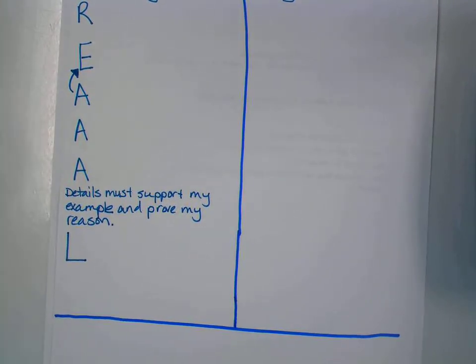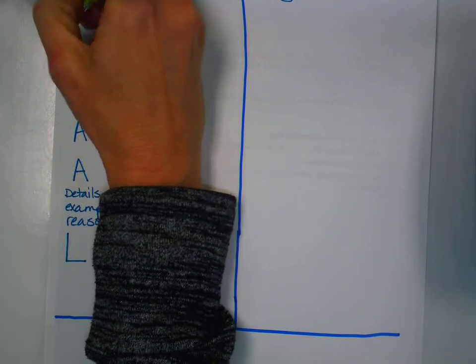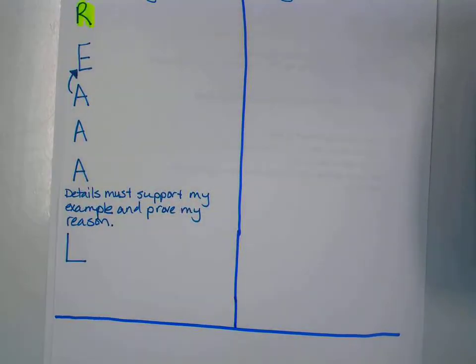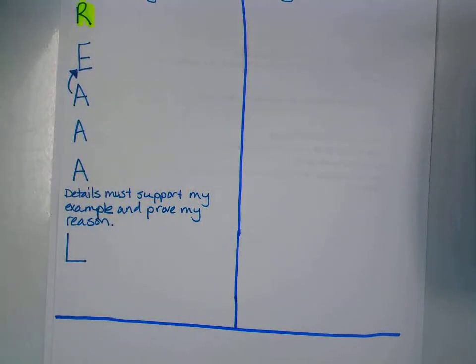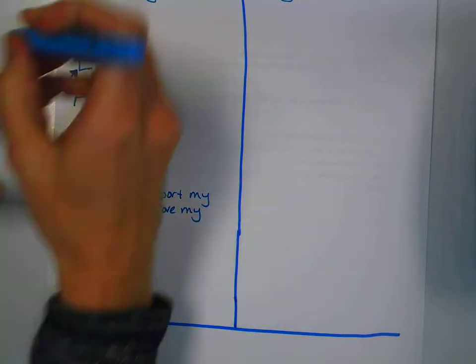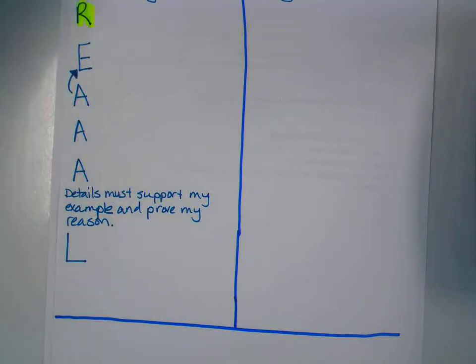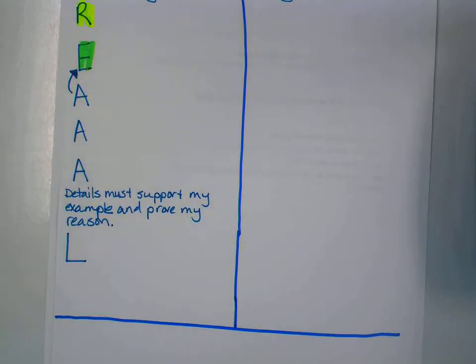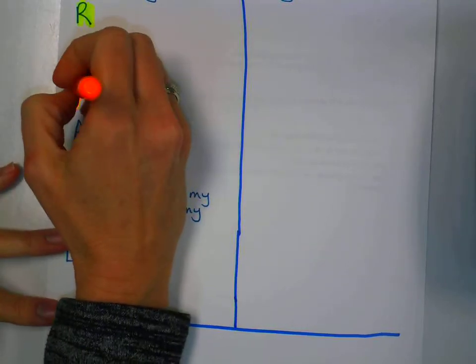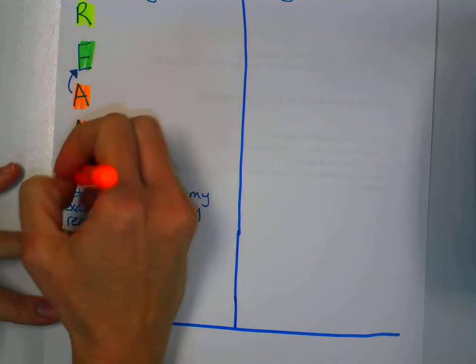So I have my reason number 1 from my controlling idea. I have my example, which is very specific and comes from help. And I have my 3 details.